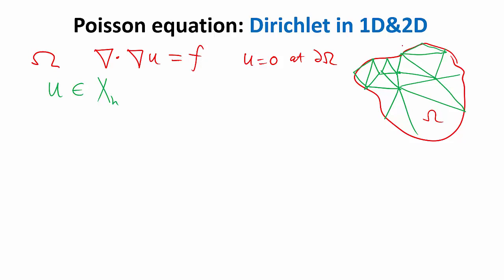And this X_h is continuous and piecewise linear in this space of triangles. That means on each triangle, the function has to be linear. Okay, do we have a concept of what that function looks like?